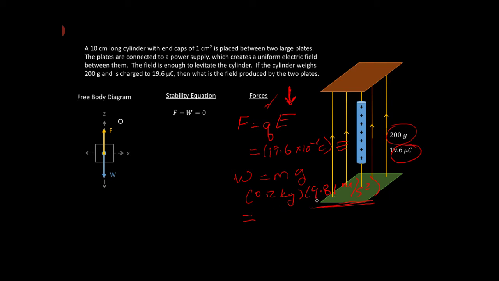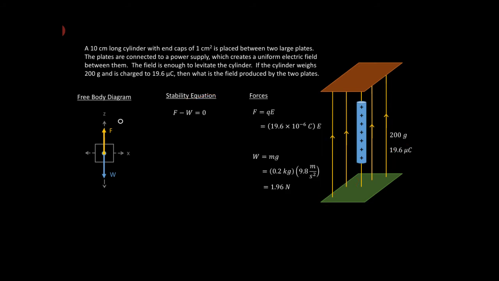That's twice this, which is 19.6, times 1/10. So that's 1.96 newtons. Okay. So those are the things we're going to have to put back in here. So that force is going to go there, and that weight is going to go there. And then we can just plug them in and do some algebra.